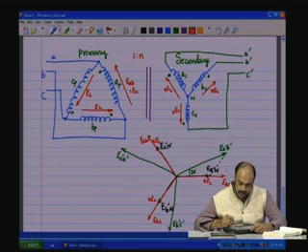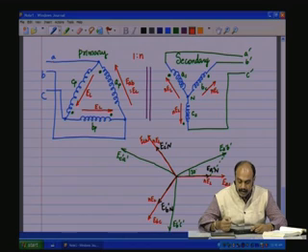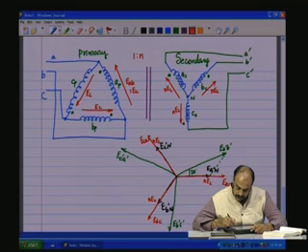So, if we look at the terminal voltages of this transformer, that is E A B, E B C, E C A, and the terminal voltages of the secondary E A dash B dash, E B dash C dash, and E C dash A dash, there is a 30 degrees phase shift between those two, and of course there is also a matter of amplitude which comes into the picture.